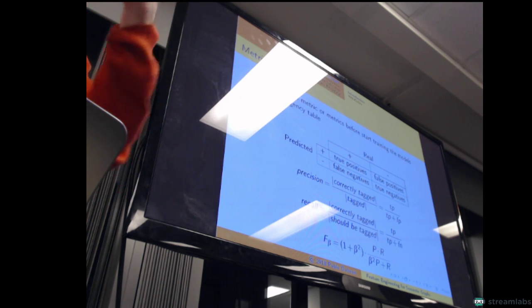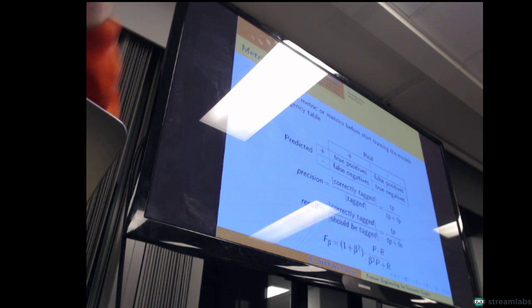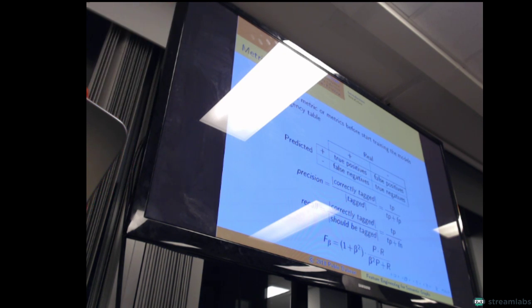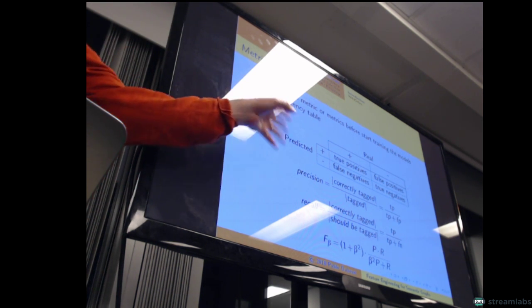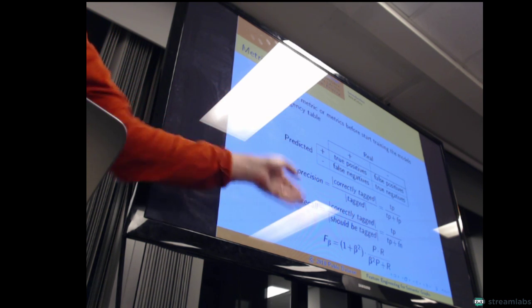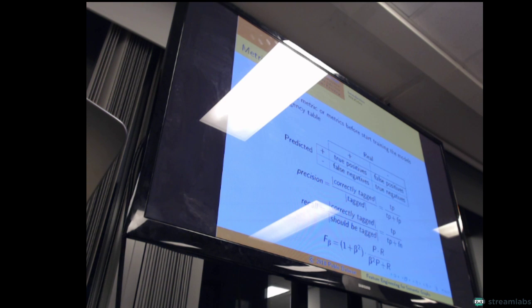You don't want to lose any data. But if you are doing something very expensive, like a surgery on a patient to extract a sample of a tumor, then you don't want any false positives, right? You want to make really sure that it's needed. So this thing called the contingency table helps you derive this type of metric, and also other techniques we are going to see later.